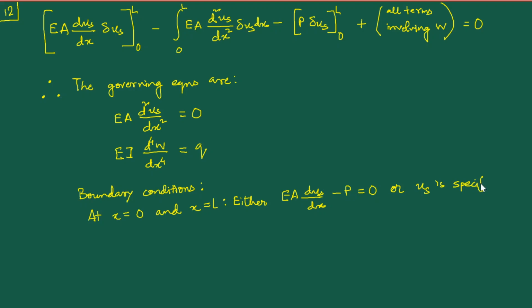I again emphasize that it is extremely important to write this in this proper fashion. Please note that because we have the presence of this delta us term, it is us which needs to be specified as part of the boundary, but us itself does not need to be 0.